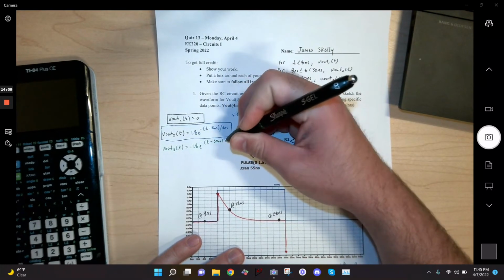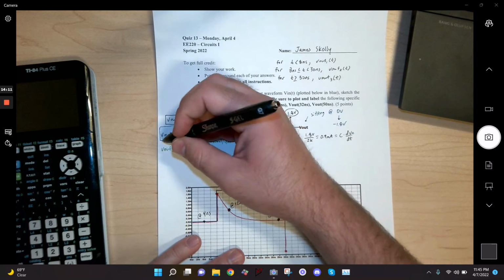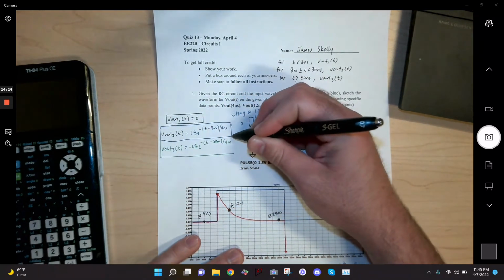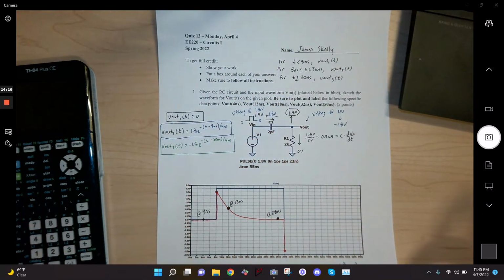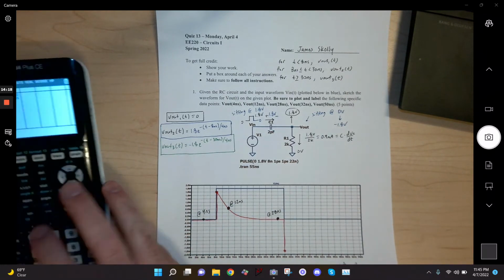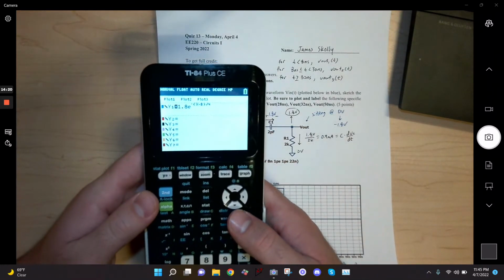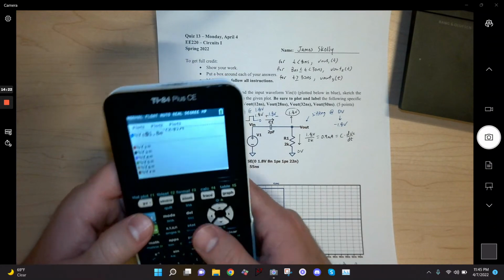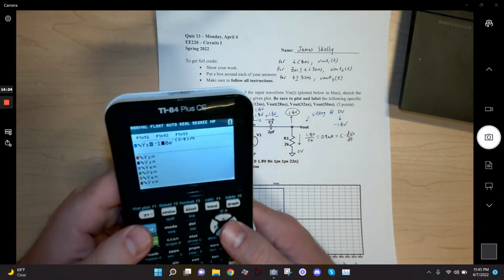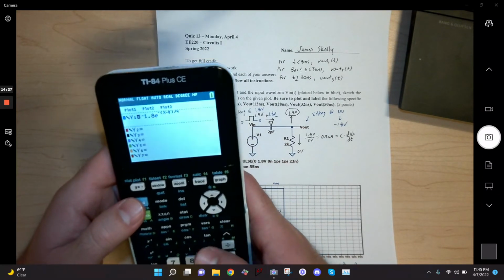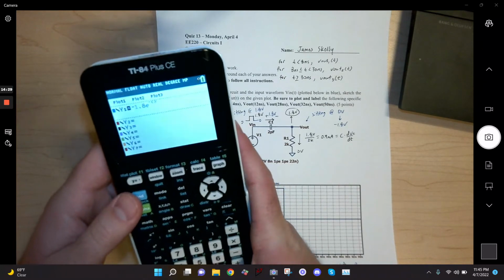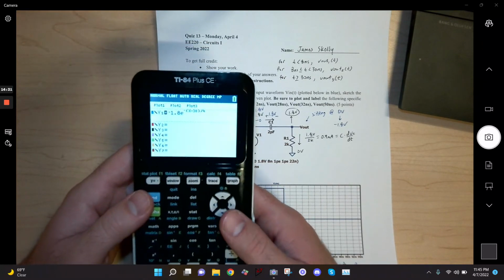Minus 30 nanoseconds over 4 nanoseconds, that's my V out of 3. Okay, so those are my three equations. And now let me go put this one into my calculator. I can basically just insert a negative sign, and it's the same equation, and change the delay to 30 instead of 8. Does everybody see that?